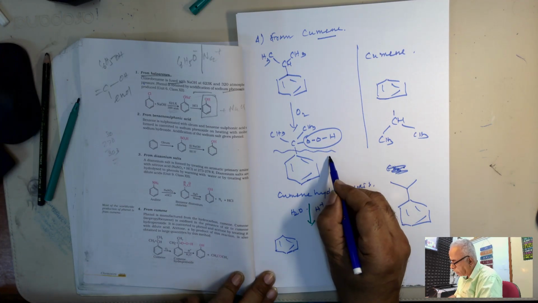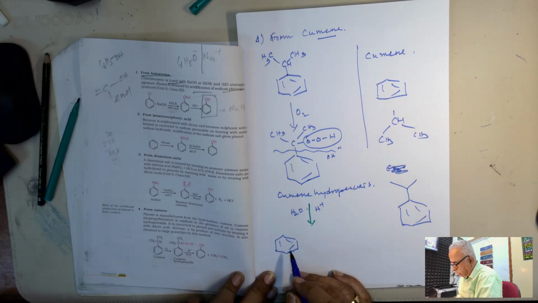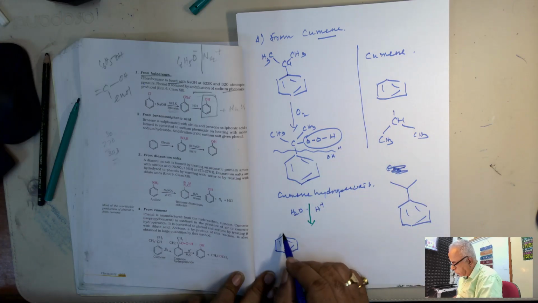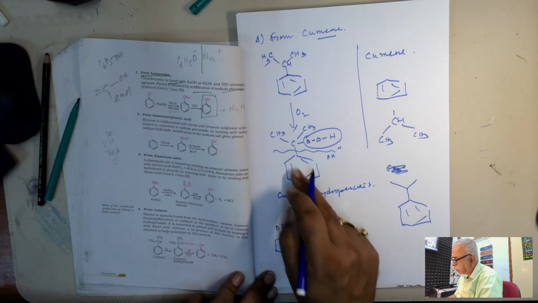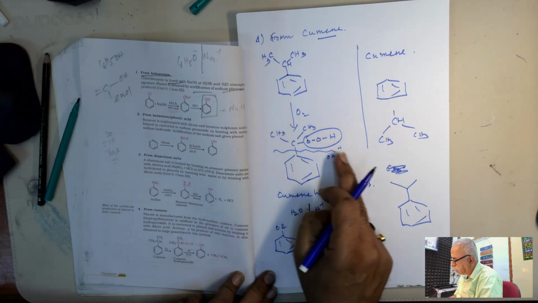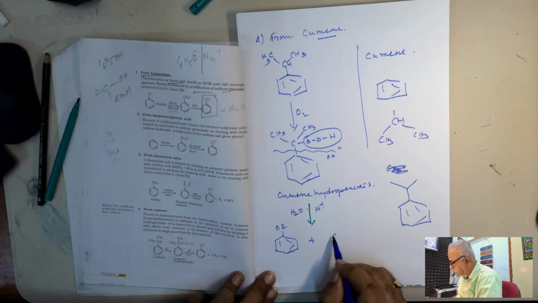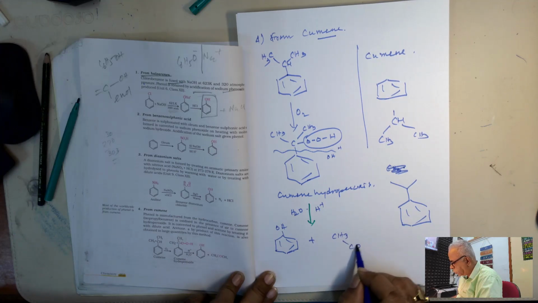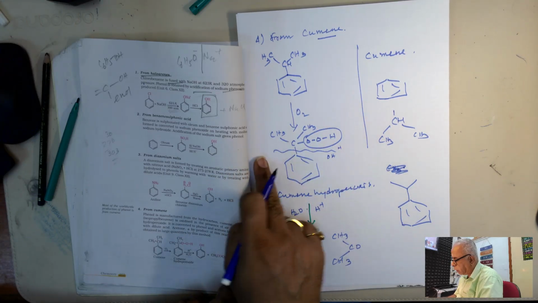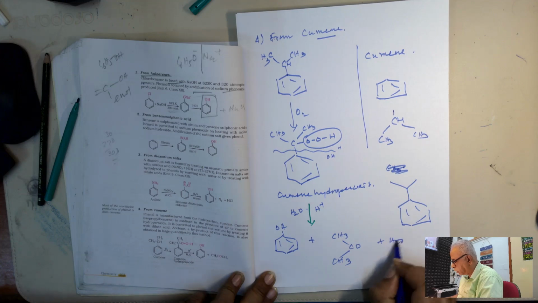And here you are able to get OH and here H, so that it gives you OH, that is the phenol part, plus CH3, this O goes here. So CH3, CO, CH3, that is nothing but acetone. One O goes here, and the OH plus H gives water. So water is released. Okay.